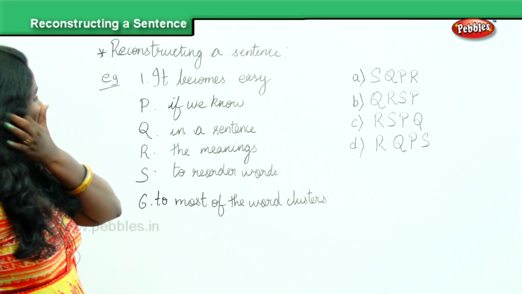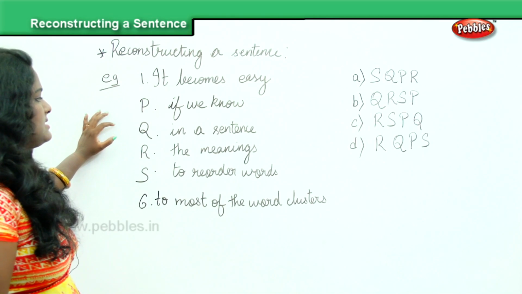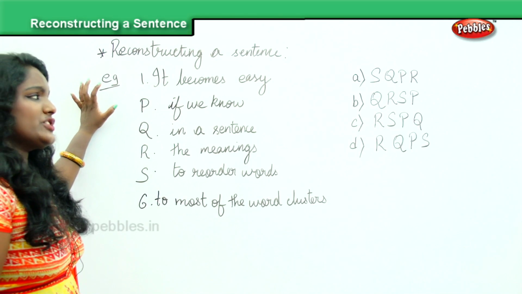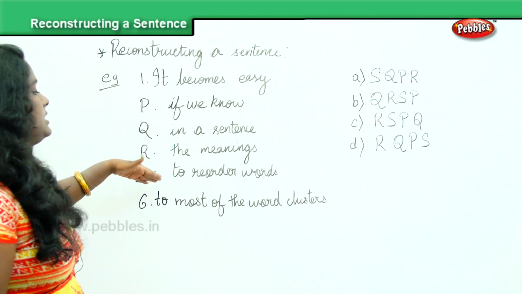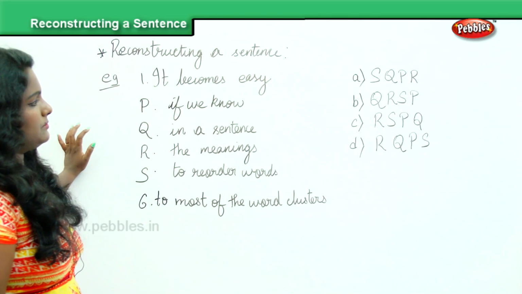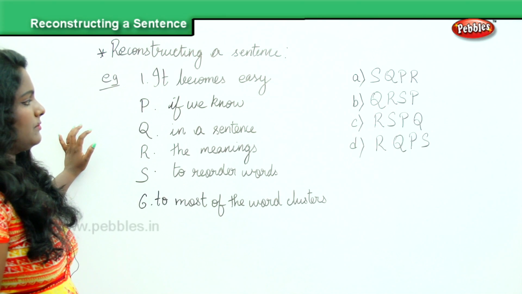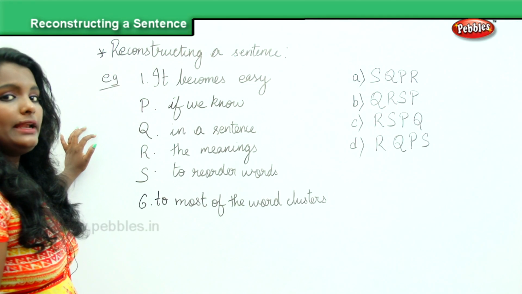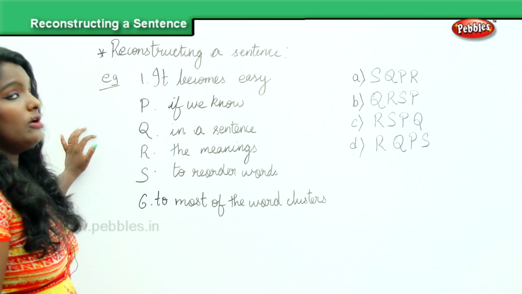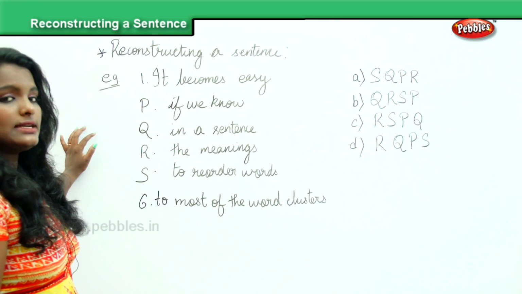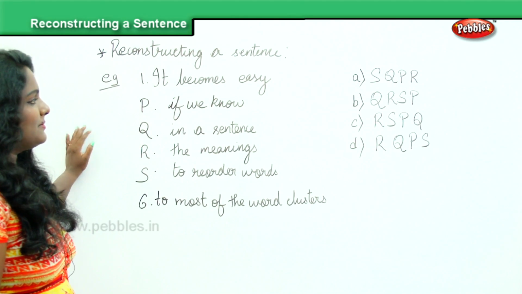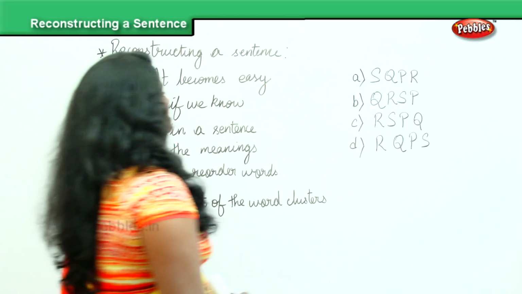So it becomes easy in a sentence, or it becomes easy the meanings, which gives sense, or it becomes easy to reorder words. Also keep in mind the articles and all the other rules which we had discussed earlier. Right. Let me give you the correct order.